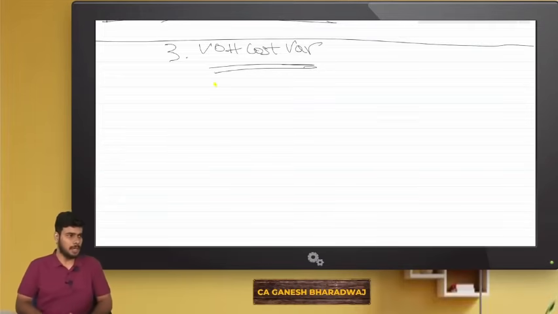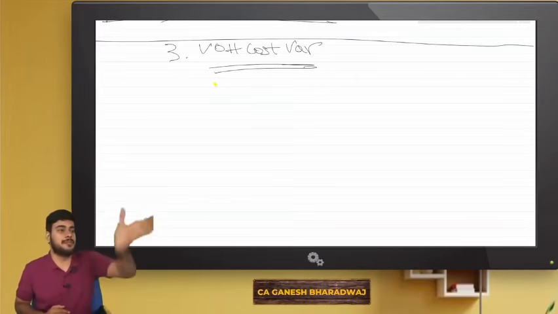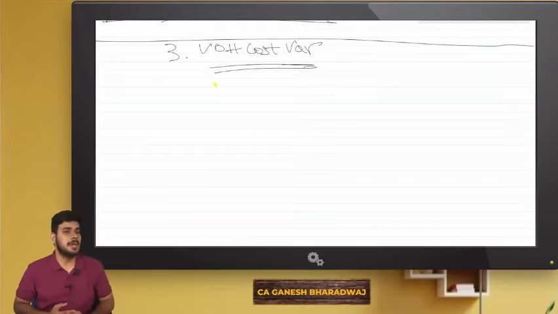Now, you tell me, if I run the machine for many hours, my variable overheads will be more. Correct or not? Example, power cost. If I run my machine for more hours, the power cost will be more. If I run my machine for fewer hours, the power cost will be less.